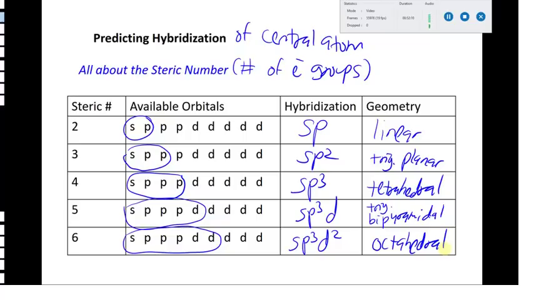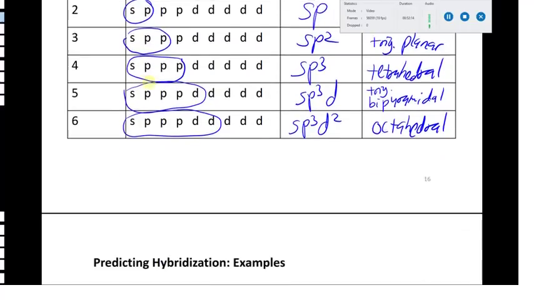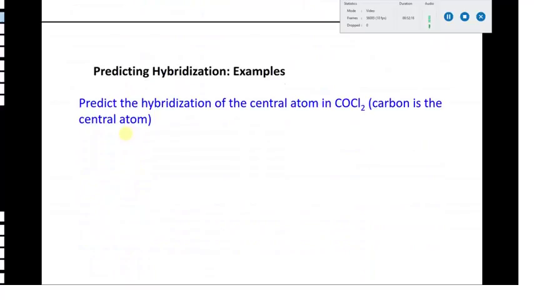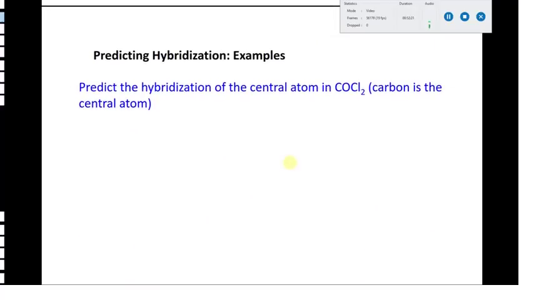All right, so any questions on that in abstract? All right, so let's go through a couple examples. Let's do COCl2 and predict the hybridization of the central atom. In this molecule, again, we have to get a Lewis structure. So we have 1 carbon, 1 oxygen, 2 chlorine.